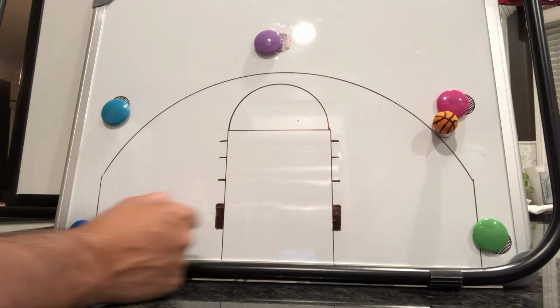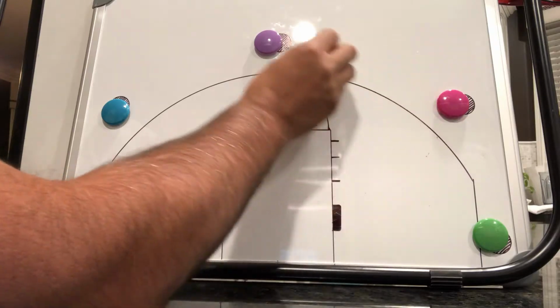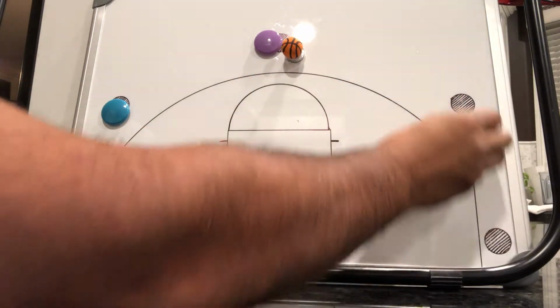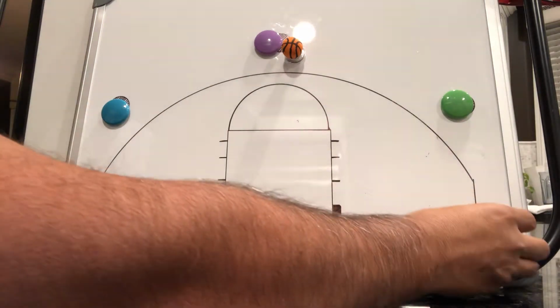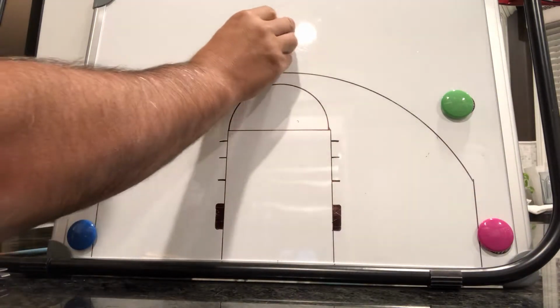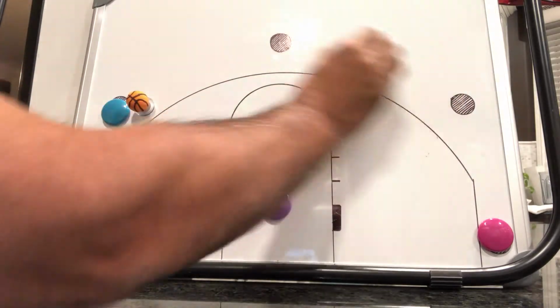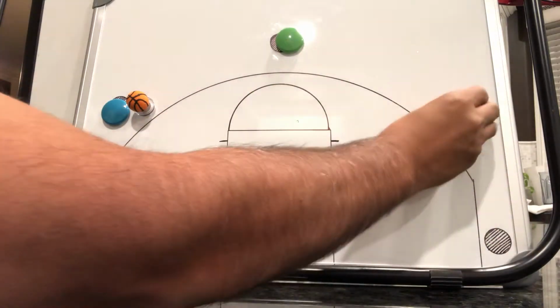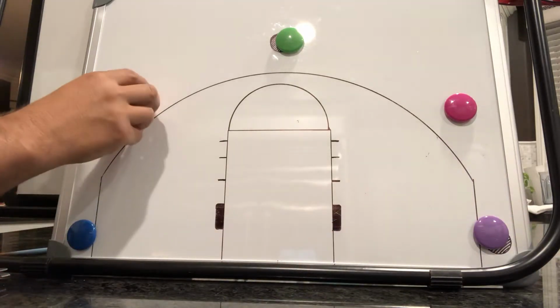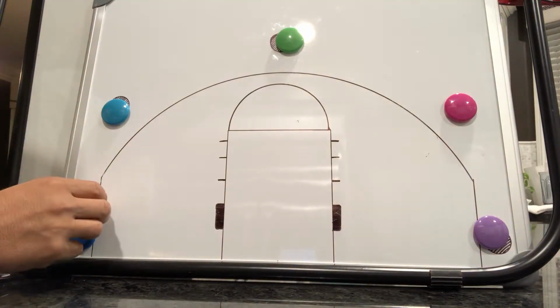That makes sense. Then you can pass it up, say basket cut, rotate up, rotate out. You can swing the ball, basket cut, fill up, fill up, fill out. Let's say this guy actually wants to pass the ball.